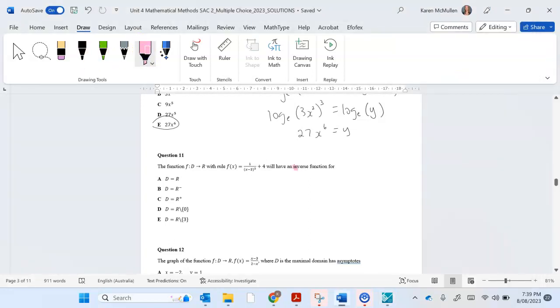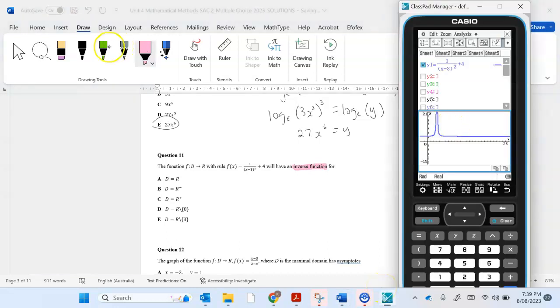So we want to do an inverse, so it has to be 1 to 1. If I just talk to the graph, basically the domain for the graph is any real value excluding 3. That's the domain, but we want it to be 1 to 1. So it can't be R, because that's not going to make it 1 to 1.